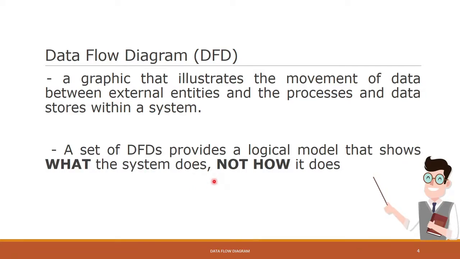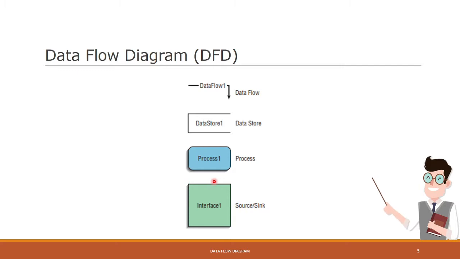With only 4 symbols, data flow diagrams can represent both physical and logical information systems. Data flow diagrams use 4 basic symbols that represent process, data flows, data store, and entities.